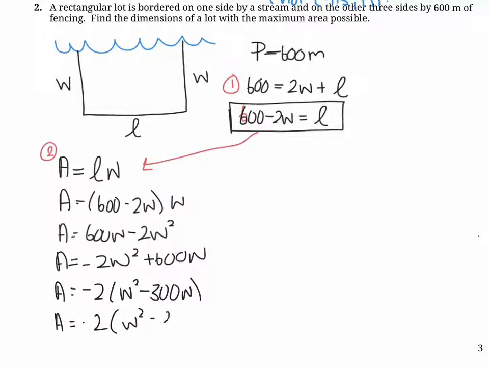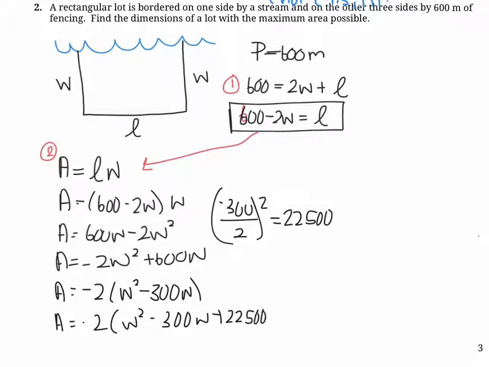And then what number are we going to add and subtract here? So we've got -300. We're going to divide it by 2 and square it. And we're going to get 22,500. So I'm going to add 22,500 and subtract 22,500.